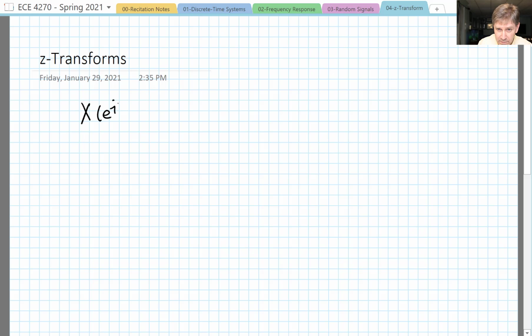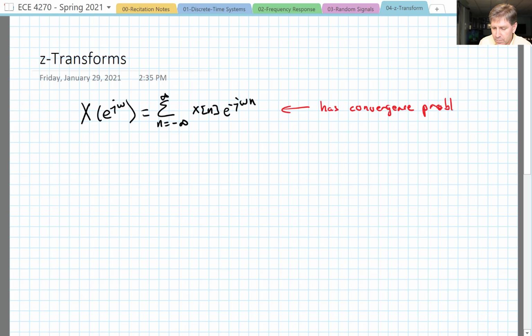Okay, so the Z-transform is very closely related to our DTFT. However, as we've seen, there are many times when the DTFT has convergence problems. The unit step, a cosine, and random signals are all examples when this has problems converging. So, the Z-transform is partially developed as a way around that.